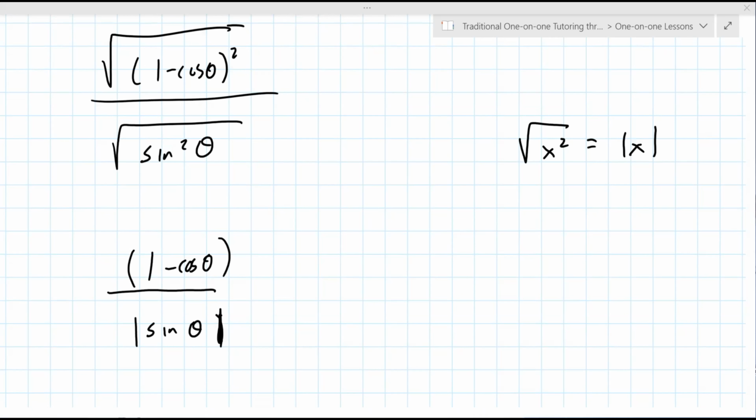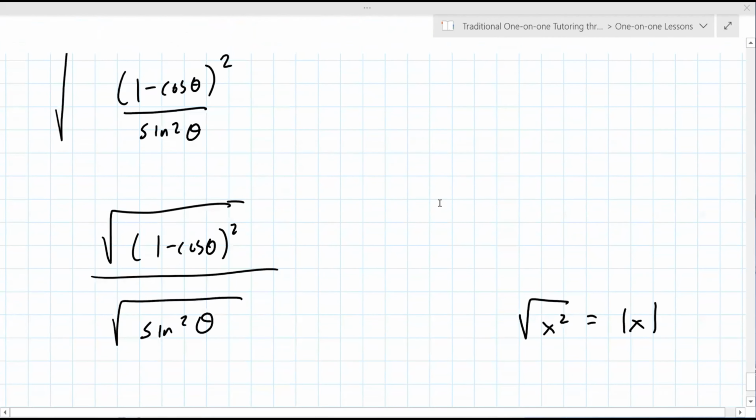Okay. Jamie, anything on that you would like clarity on? That makes sense. You seem like you're like, well, okay, great, I saw it, Matthew, but do you think you could do it on your own? What would be your stumbling block to be able to get this done on your own? I'd probably just have to remember the square root of x squared equals the absolute value of x.